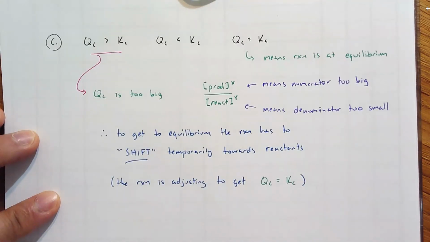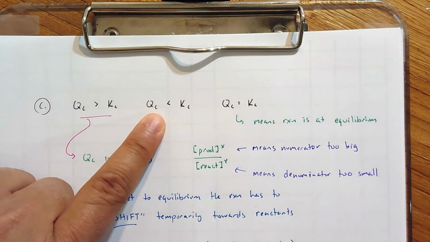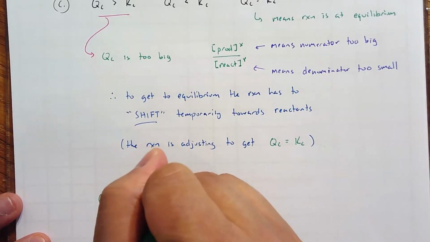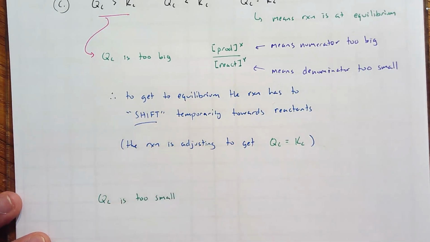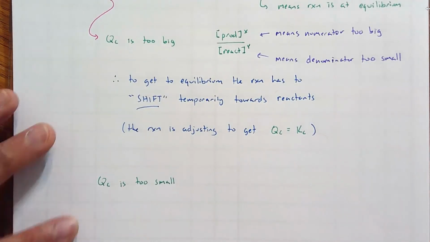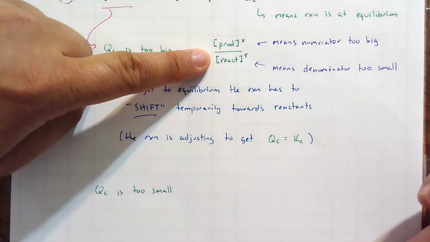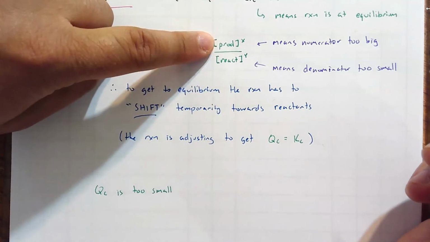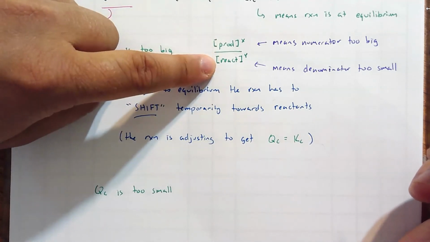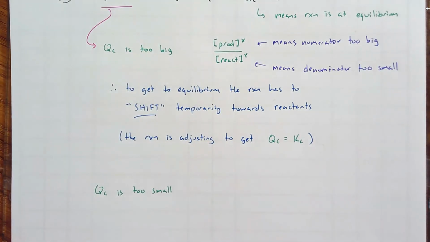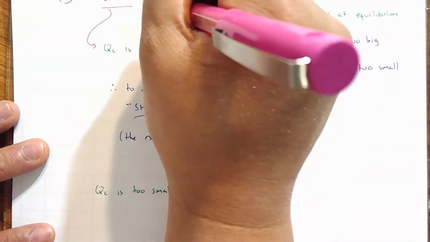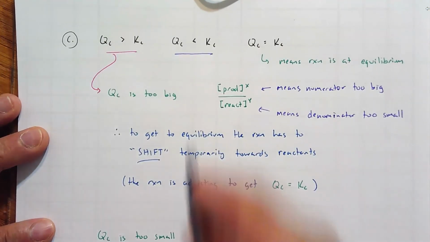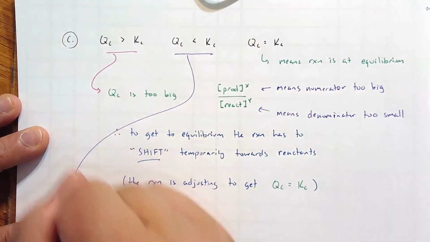Okay, so what if Qc is too small? Qc is lower than Kc. Well, let's use this again. If Qc is too small, then we need more products and less reactants. So now this situation right here is going to be described right here.